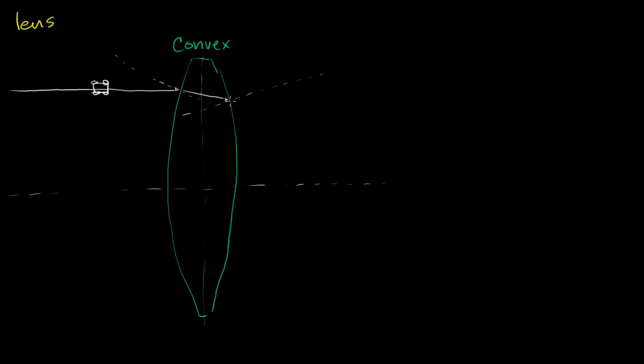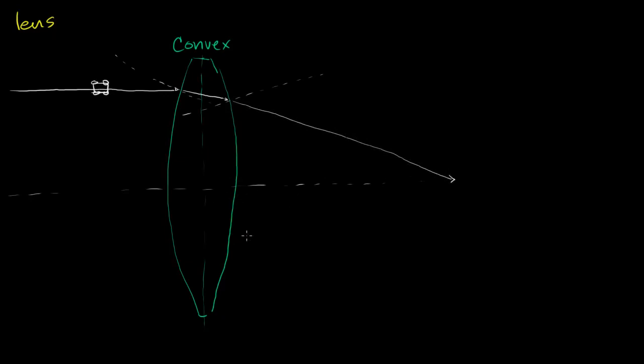And since the top tires are going to come out first, they're going to be able to travel faster, and so you'll be deflected even more downwards. So it'll look something like this. And the light ray would do something like that.